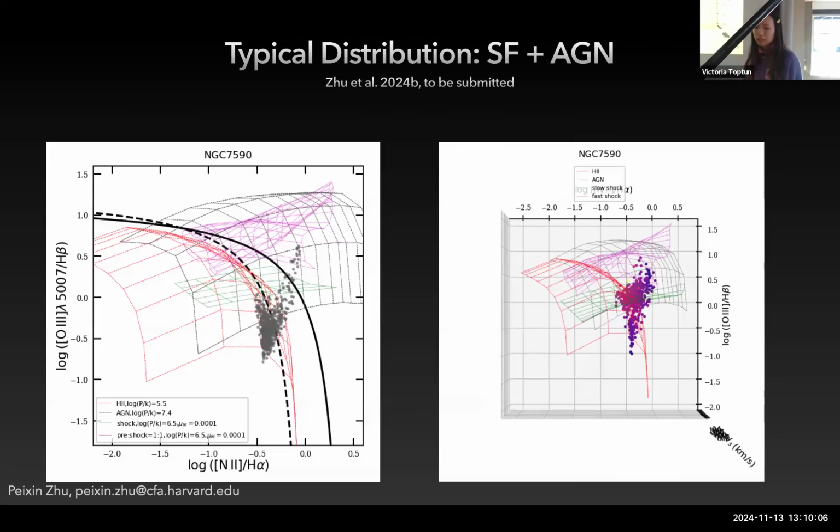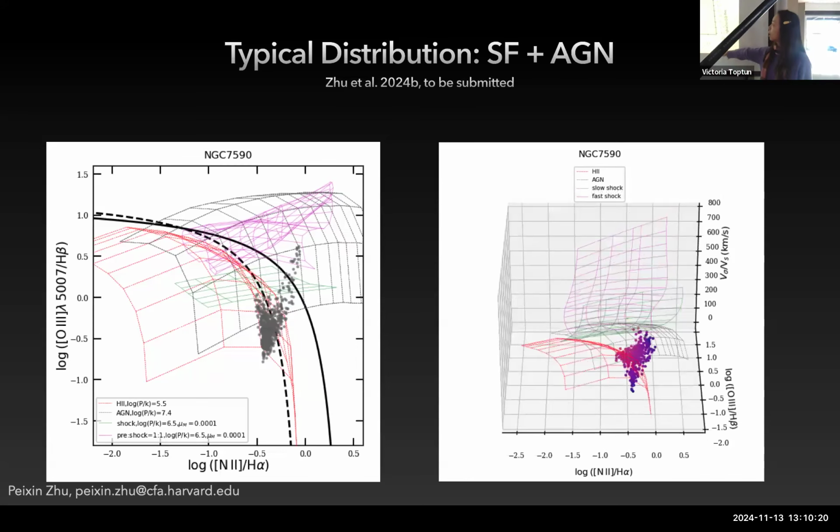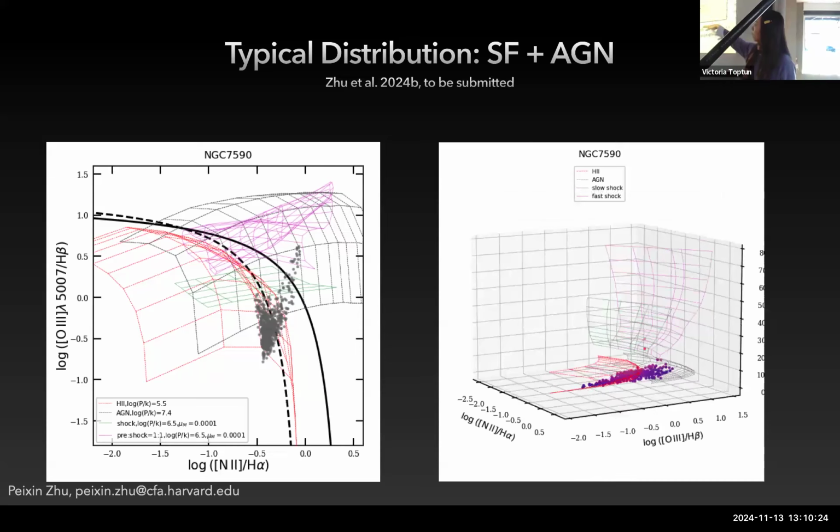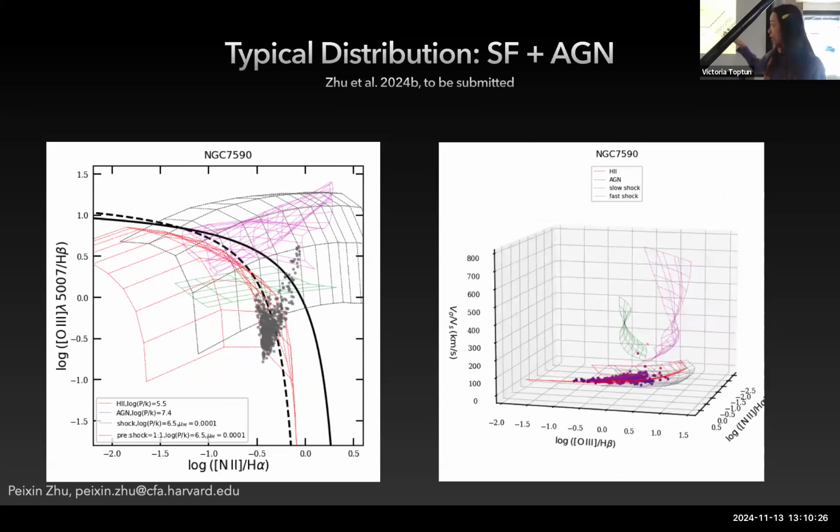In the following slides, I'm going to show you some typical distributions of galaxy IFU spectra on the 3D diagrams. If the IFU spectrum of a galaxy looks basically flat on these 3D diagrams, with not much vertical extension, then this galaxy is purely star formation and AGN contribution.